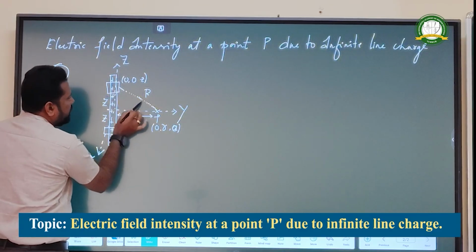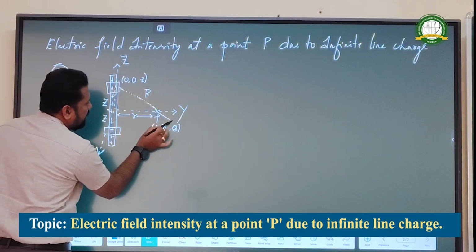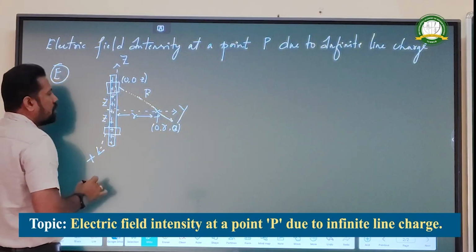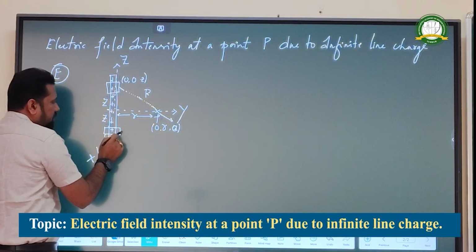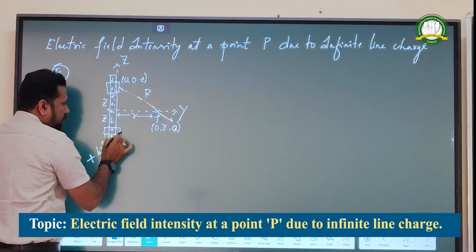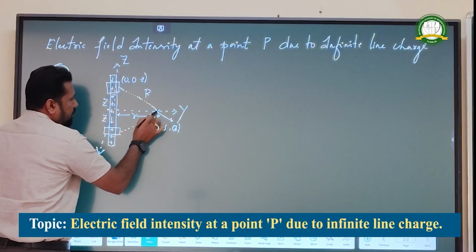So the direction of electric field at this point is like this, and the direction of electric field due to this small differential segment at this point is this.